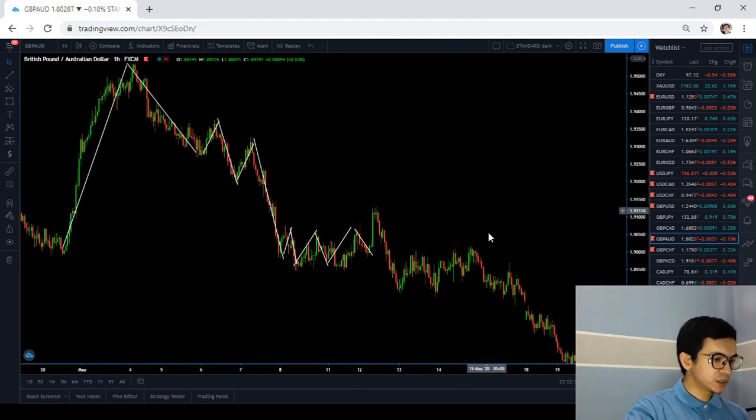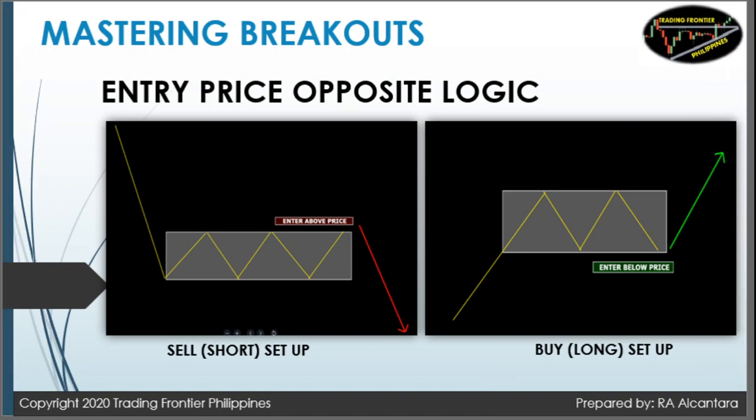So, ano nga sabi sa setup? Balikan natin. Anong sabi sa setup? Sabi, when the price moves down and it consolidates, we expect it to move further down, but we can enter above this consolidation as a better price entry. So, di ba, as opposite logic, ano yung sinasabi ng opposite logic?